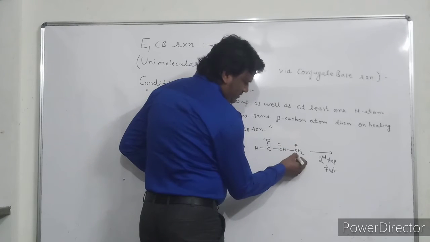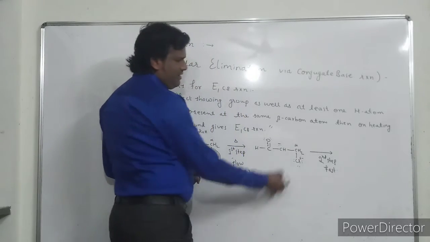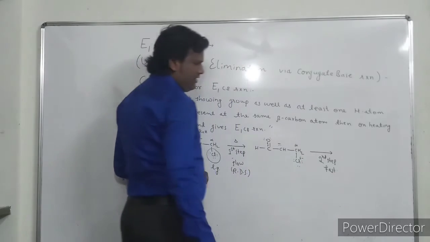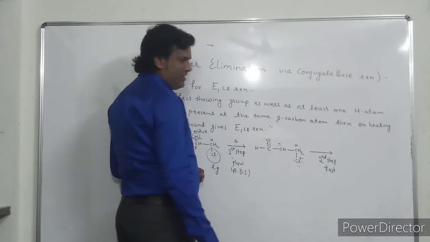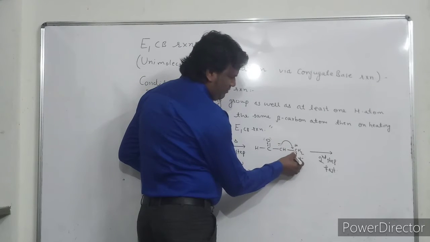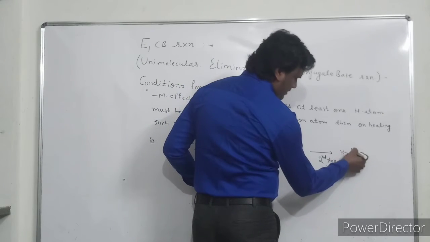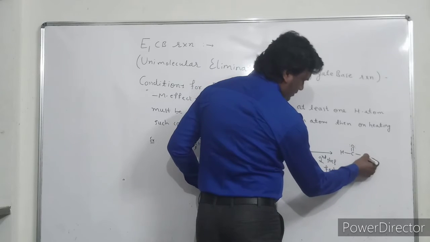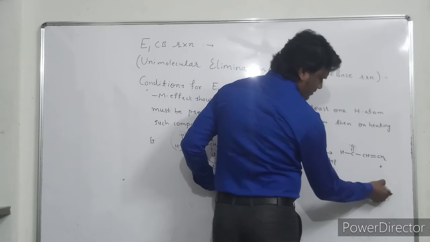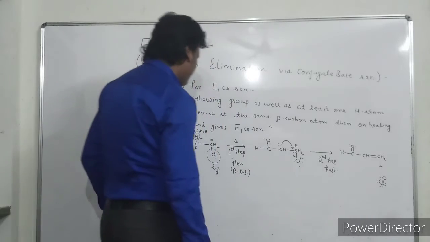Delta plus, delta minus. The electronegativity of chlorine is greater than carbon. Therefore, the electron cloud of the sigma bond will be attracted toward this chlorine atom, due to which a delta plus charge is created on this carbon. Now, lone pair to bond pair and bond pair to lone pair. H, C, double bond O, CH, double bond CH2 plus Cl minus.